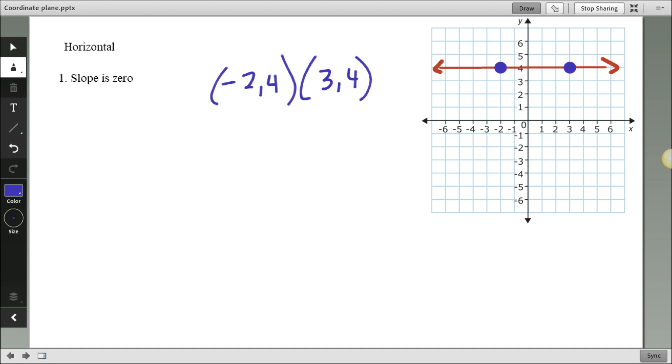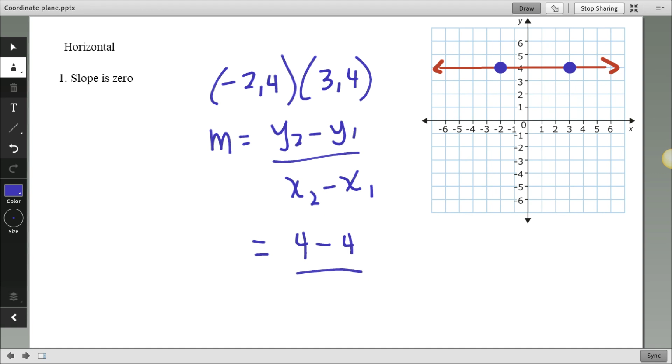So now, if I find the slope using the slope formula, remember the slope formula is m equals y2 minus y1 over x2 minus x1. So what are the two y values? 4 minus 4.